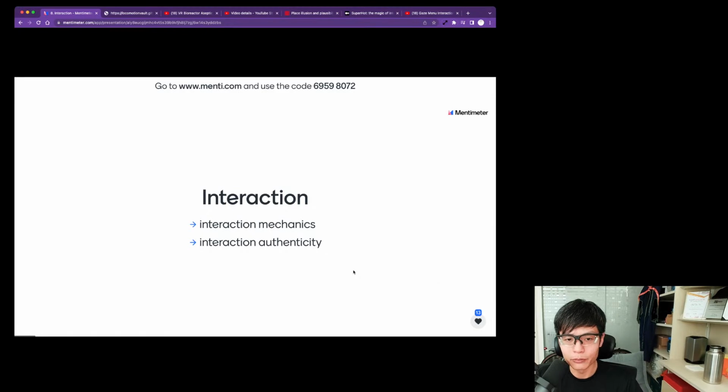So we started off with that mechanics, and then we also spoke about another dimension of thinking when you are trying to design for immersive applications, which is how authentic or what kinds of authenticity that you want in terms of your interaction.